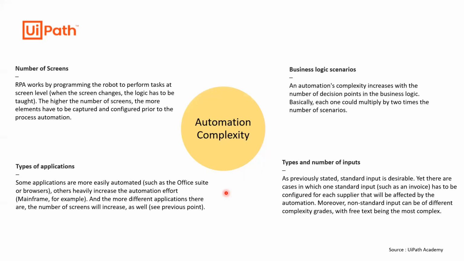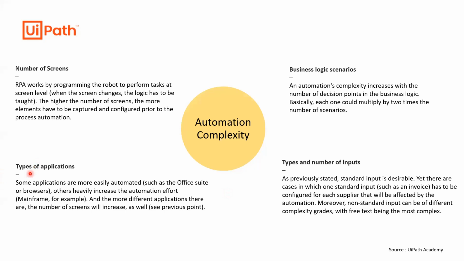For the first thing, number of screens. RPA works on programming, right? The robot takes the data from one screen to another screen. The more the number of screens, the more automation you have to do. Correct?